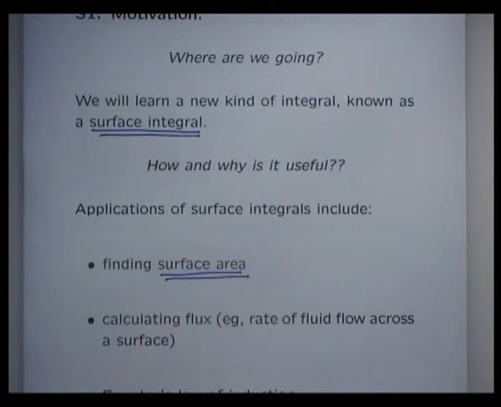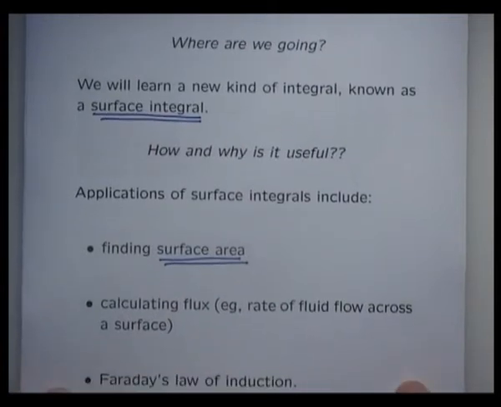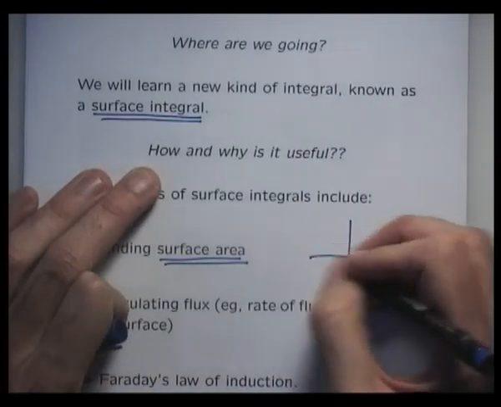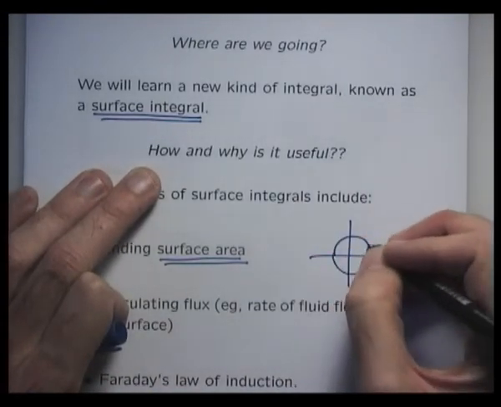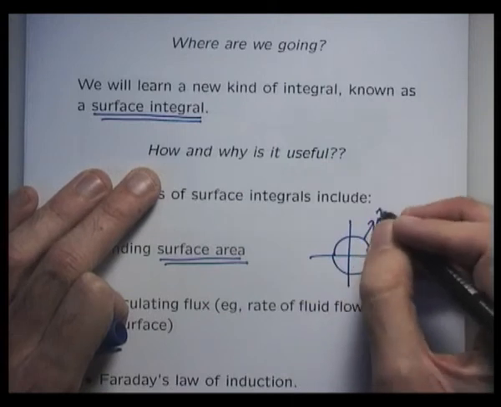The second very important thing as far as applications go for studying surface integrals is to calculate flux. You may go, but hang on, didn't we already calculate flux? Yes, we did, but that was in the plane. We were looking at something like this: here's a circle in the plane.